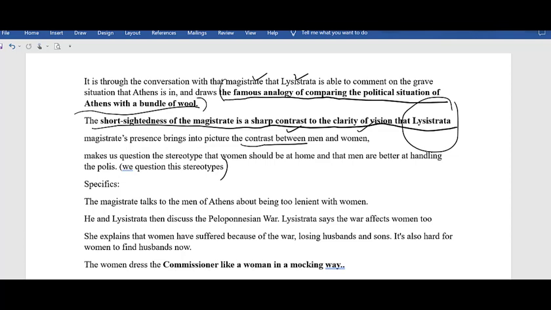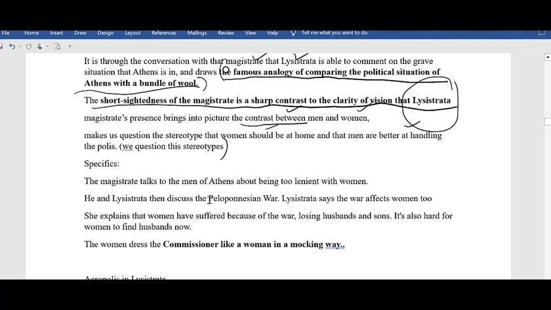We start questioning these stereotypes about men being outside and women being at home. The magistrate clearly doesn't look like a person who would be a very sane person, who would be a very good decision maker, whereas Lysistrata comes across as a person who is very clear-headed. So it does question the stereotype about the ways men and women often should be behaving.